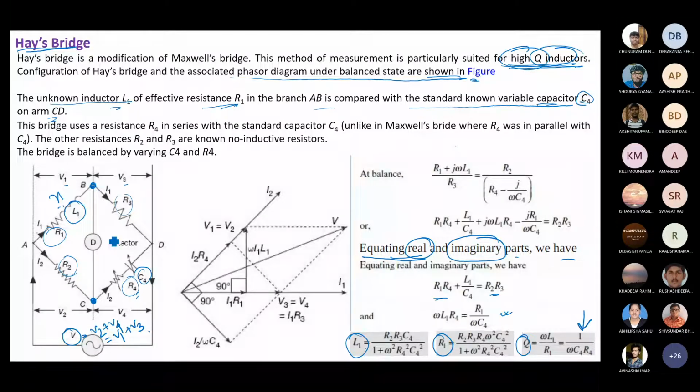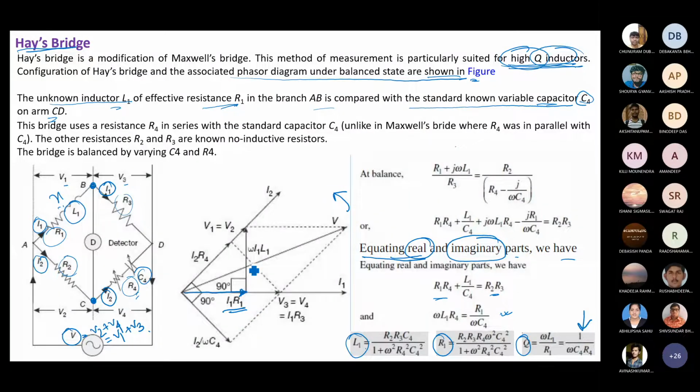So I1 equal to I3 and I2 equal to I4. In each and every condition, we consider I1 as the reference. Now you have to find the value of I1 R1, which should be in phase with I1, so it is your I1 R1.